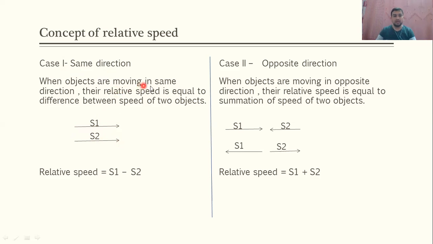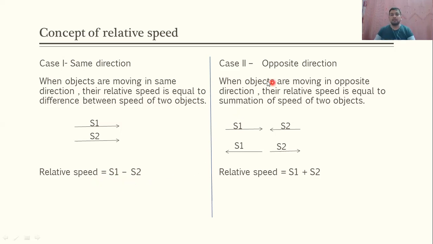When the objects are moving in the same direction, their relative speed is equal to the difference between the speeds of the two objects. That means relative speed will be S1 minus S2. What are S1, S2? These are the speeds of the respective objects. S1 is the speed of the first object, S2 is the speed of the second object. So relative speed will be the difference between those speeds, S1 minus S2.